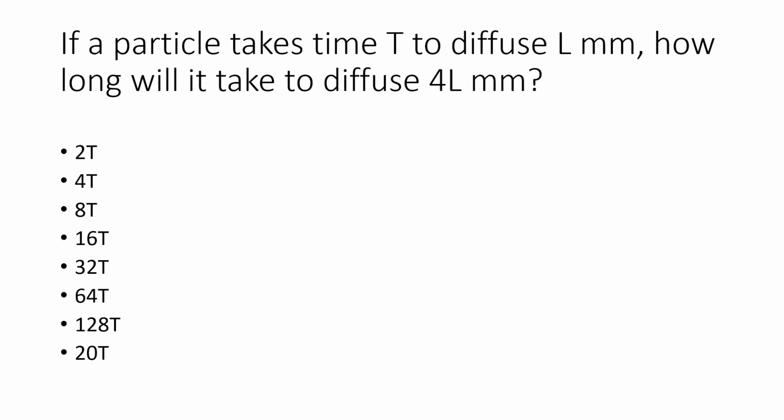If there are a lot of particles, they collide with each other, and the net displacement is more or less zero if one particle is surrounded by so many different particles. It collides with this particle, comes back, collides with that particle, comes back, and more or less stays in the same place.